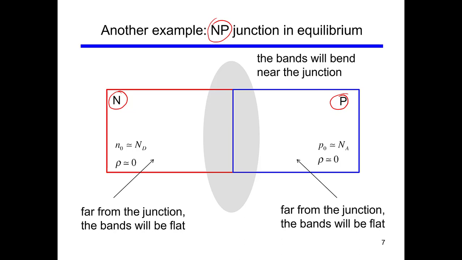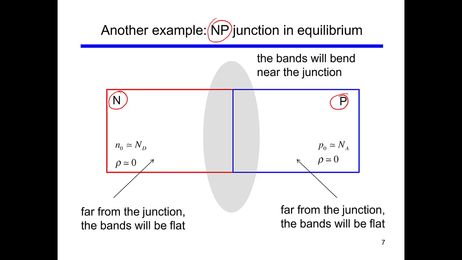You have already seen the energy band diagram of a P-type material in which the Fermi level was near the valence band.